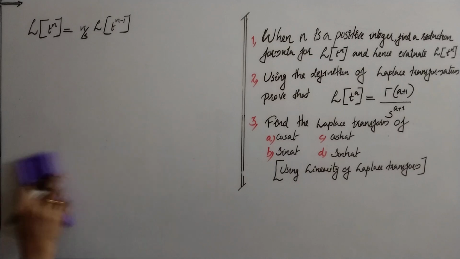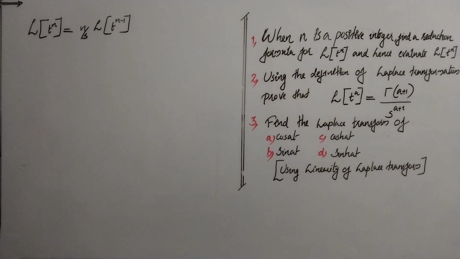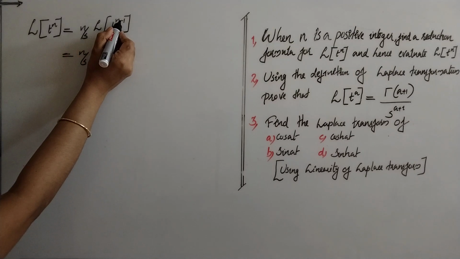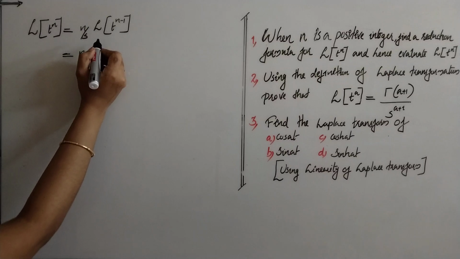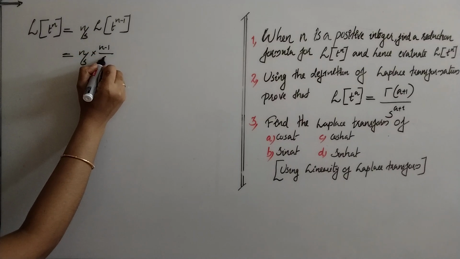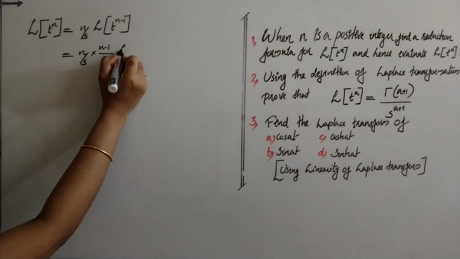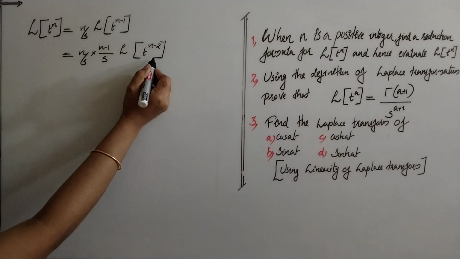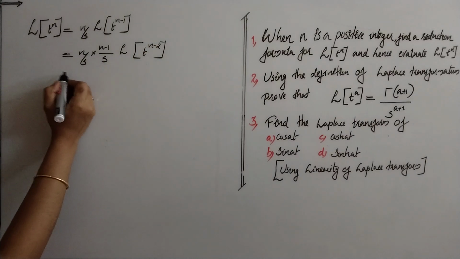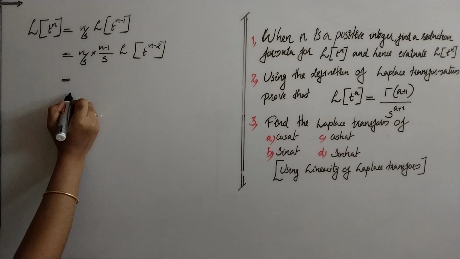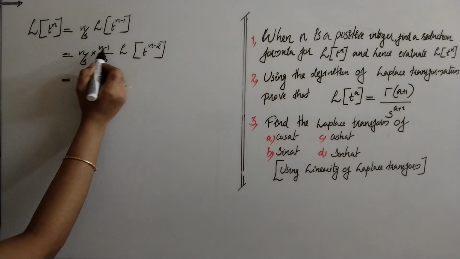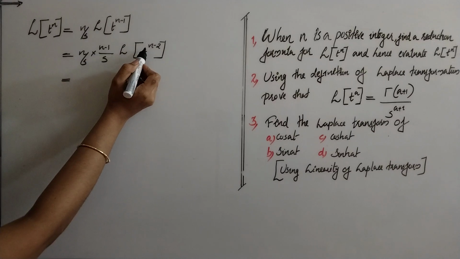By using the reduction formula, we can write L of t raised to n minus 1 as n minus 1 divided by s into Laplace transform of t raised to n minus 2. Here I applied the reduction formula, that is, replace n by n minus 1.